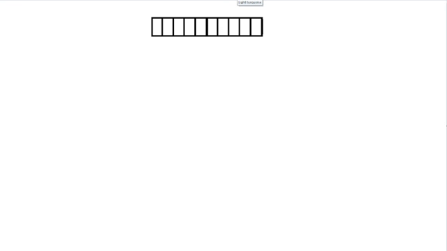Let me write the ones place, and then I have a decimal point, and then I have the 10ths place.